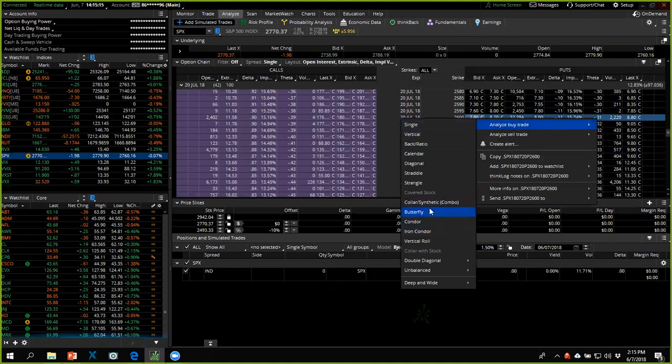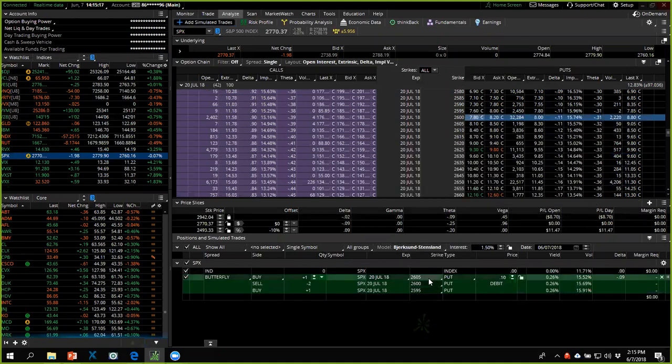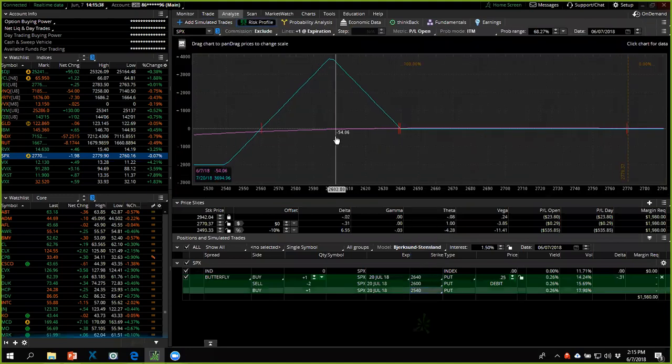And you had bought this butterfly for something, 2640, let's say, 2540, road trip type of trade. And the graph looks something like this.